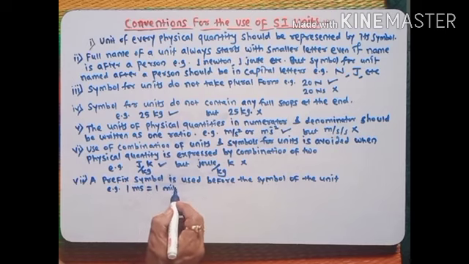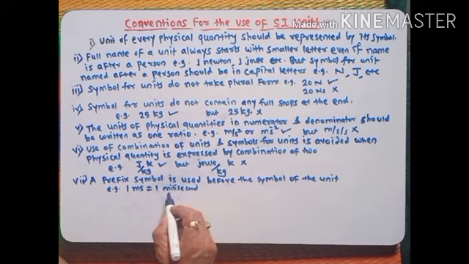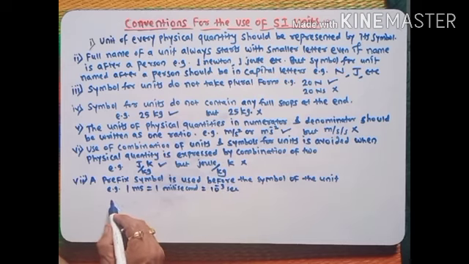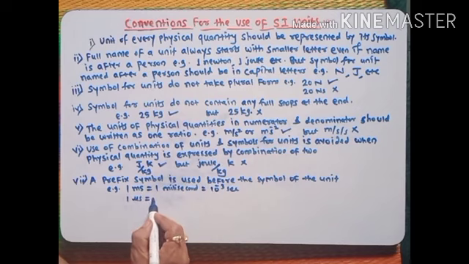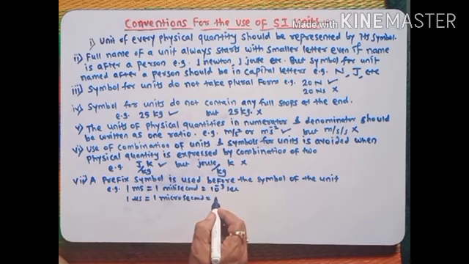Second is the unit, and milli is the prefix symbol. We write 10 raised to minus 3 second, or we write, suppose, 1 microsecond equal to 10 raised to minus 6 second.